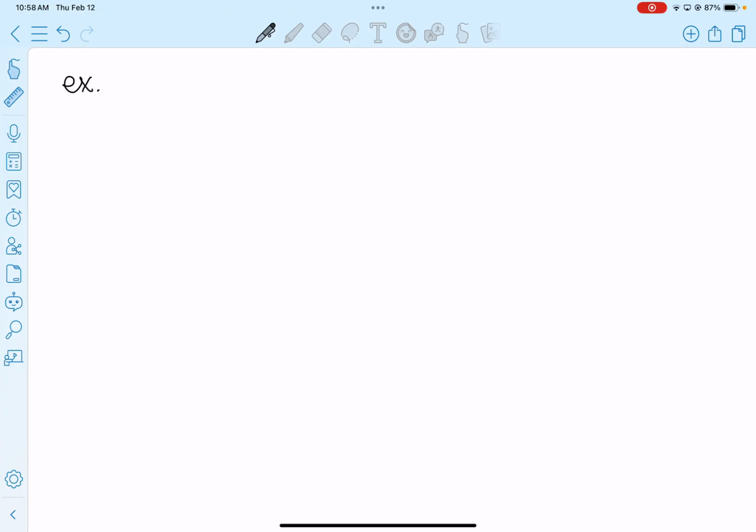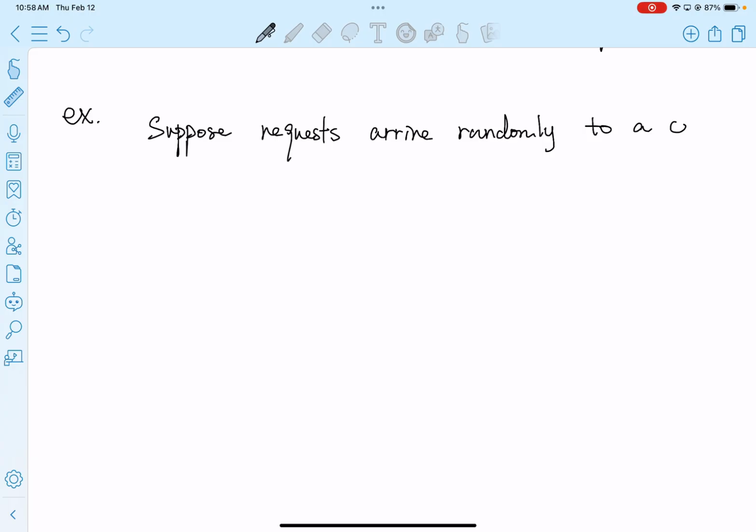Just to provide more context: suppose some requests arrive randomly to a center, like a request or a ticket for some service, arriving randomly to, let's say, a call center, at an average rate of 5.